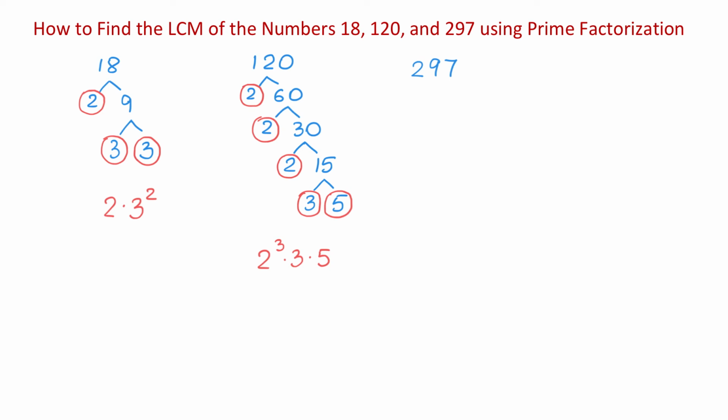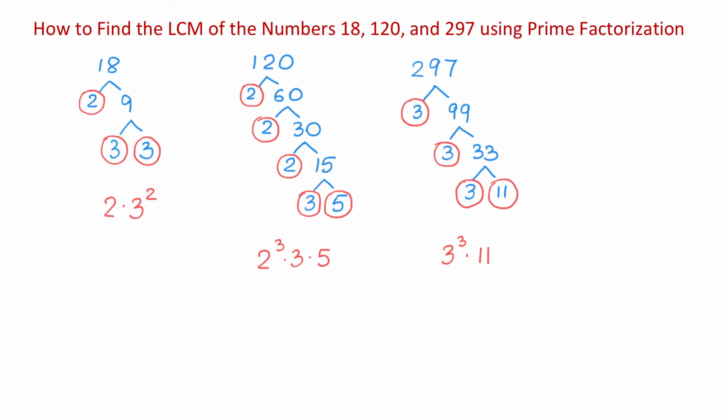Therefore, 297 is also divisible by 3. And 297 divided by 3 is 99. Then 99 divided by 3 is 33. Then 33 divided by 3 is 11, and 11 is a prime number. Then the prime factorization for 297 is 3 to the third power times 11.